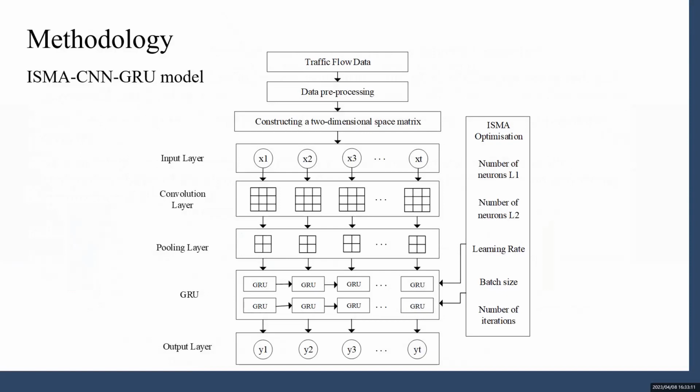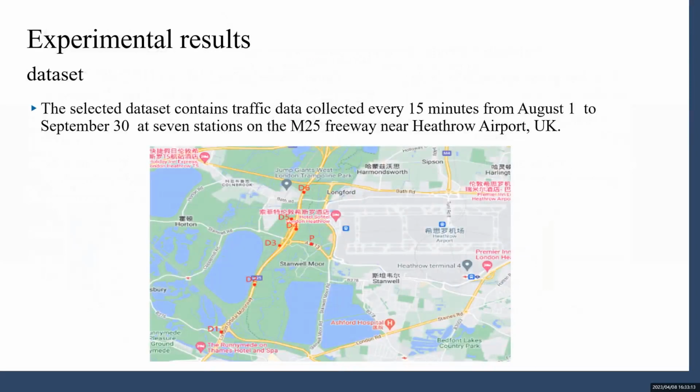The third part is the experimental results. The selected dataset contains traffic data collected every 15 minutes from August 1 to September 13 at 7 stations on the M25 freeway near Heathrow Airport, UK.